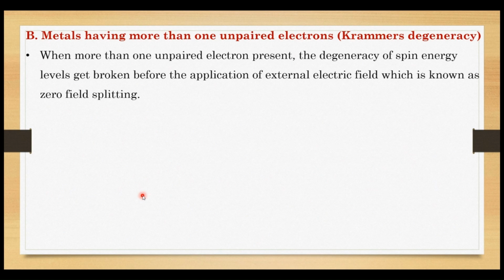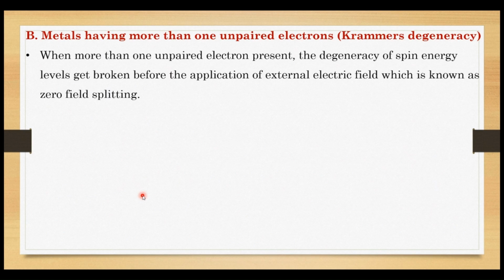In the previous case we considered one unpaired electron, so it will have a degenerate level, like that we told, 2I plus 1 number of degenerate levels will be there. So it will split in the presence of a magnetic field into 2, then we get one signal, like we discussed before, at the start of the video.